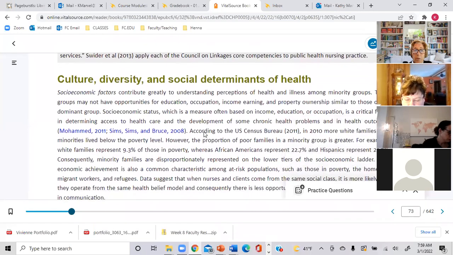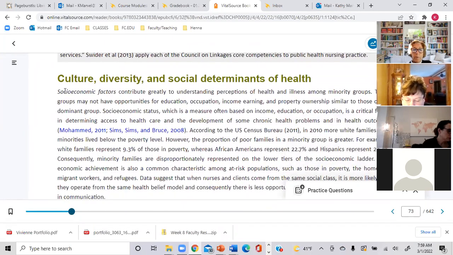We talked about this in the outline. We know that socioeconomic factors contribute greatly to the understandings of perceptions of health and illness among minority groups. These groups may not have opportunities for education, an occupation, income earning, and property ownership similar to those of a dominant group.